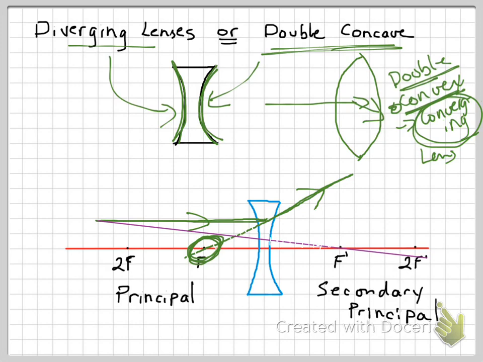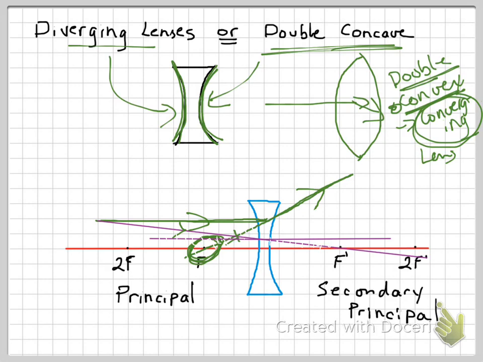At this junction point, it will cause this ray, the purple line, as it's coming in here, so this is the incident, as it comes in, it gets refracted in such a way that it runs parallel to the principal axis. That line then gets stretched back and becomes virtual on the same side as the object.